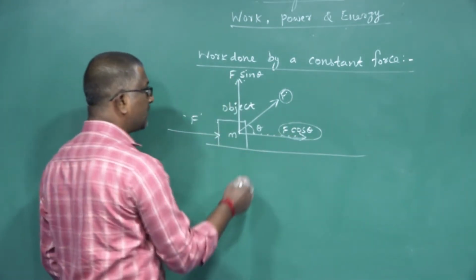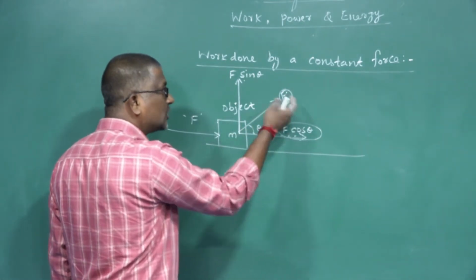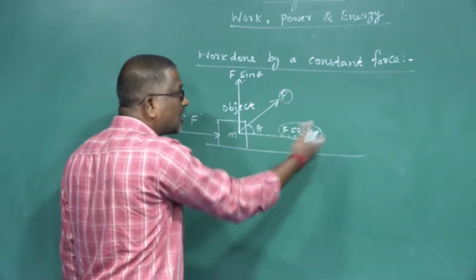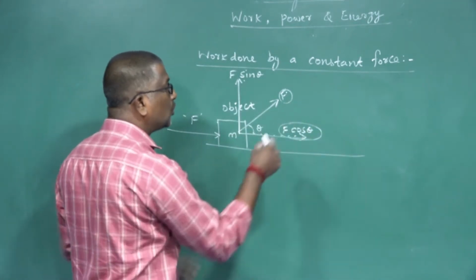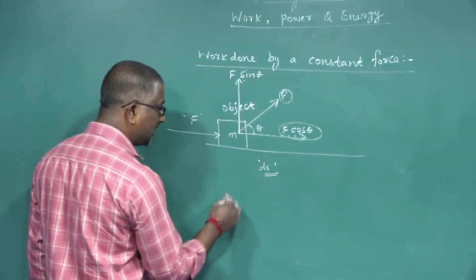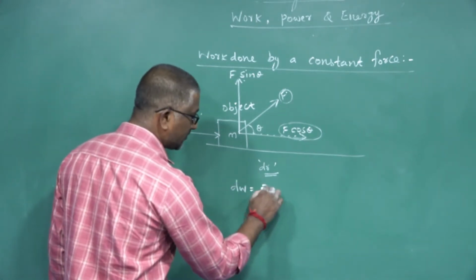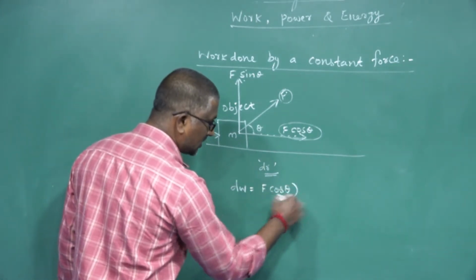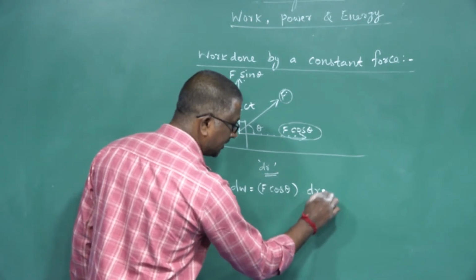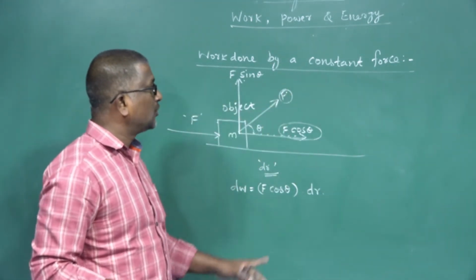So the work done by this force, that is, the work done by the parallel component of a force to move through a small distance dr, is given by dW is equal to F cos theta into dr. Here F is a constant force.